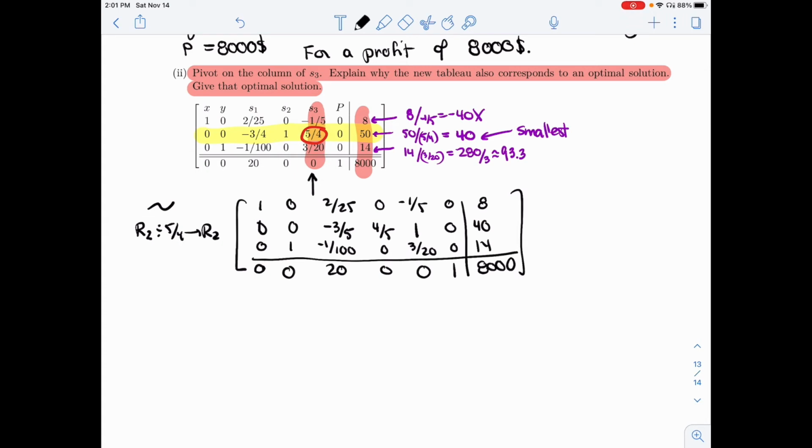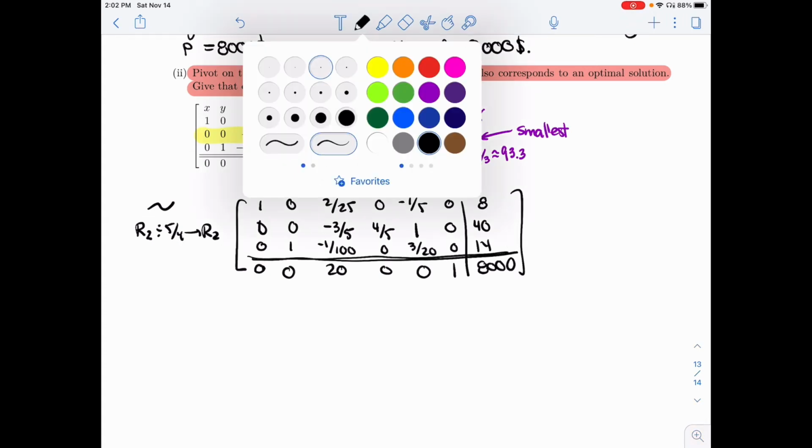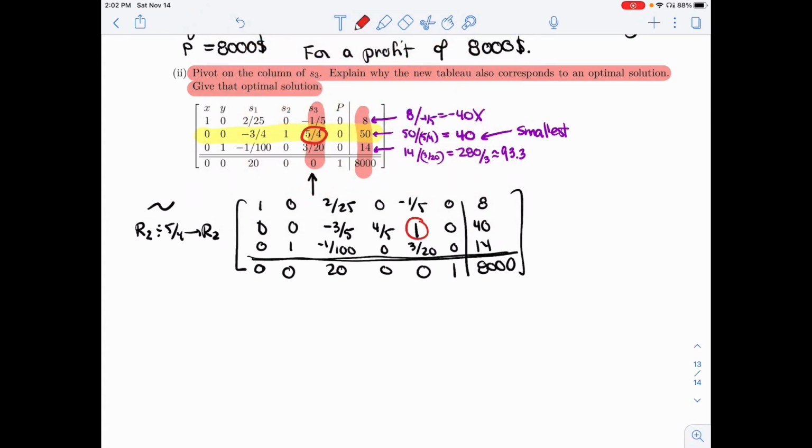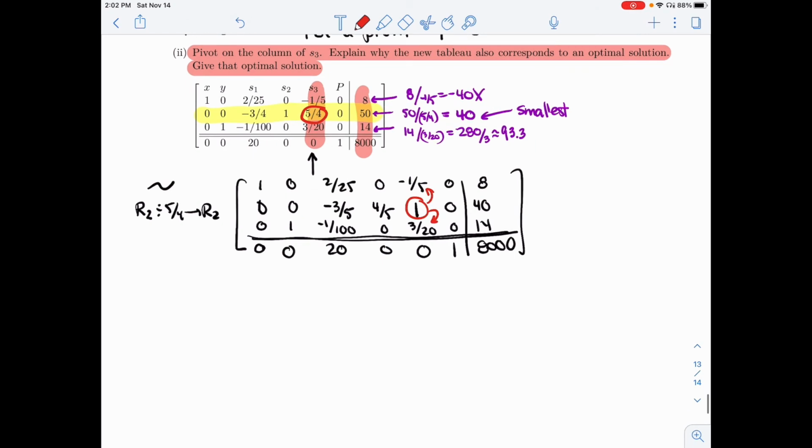All right, we're halfway through a pivot. Now we need to clean up the column. So I'm going to take that one that I just created and use it to get rid of the minus 1/5 and use it to get rid of the 3 over 20. So I'm going to add 1/5 row 2 to row 1 and add minus 3 over 20 row 2 to row 3.